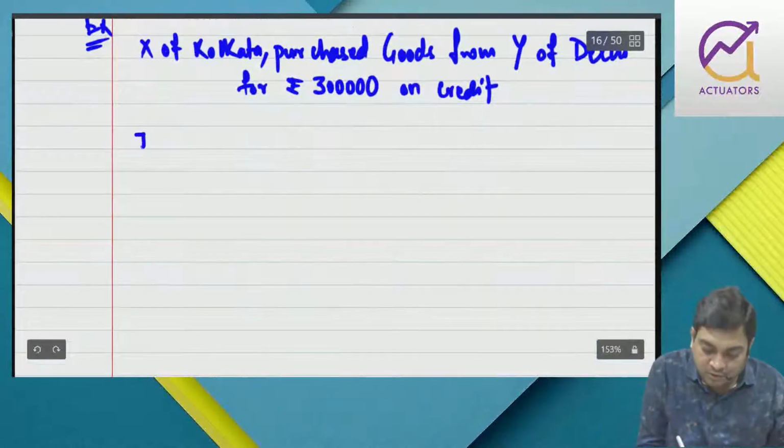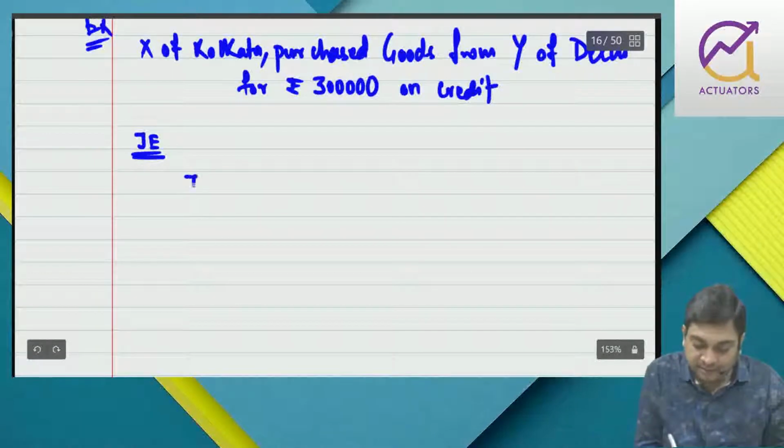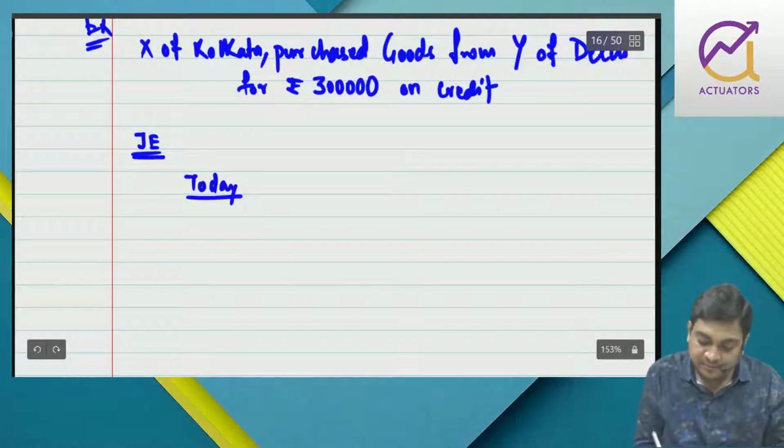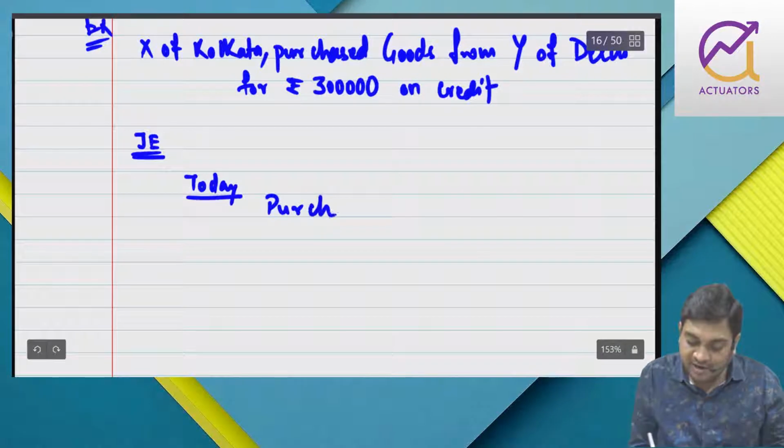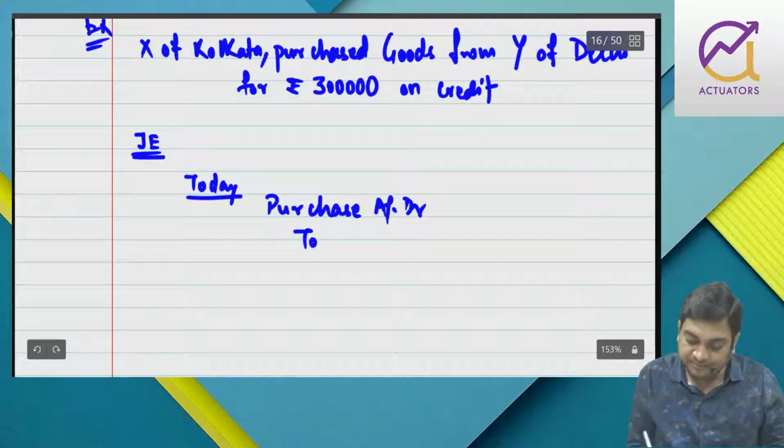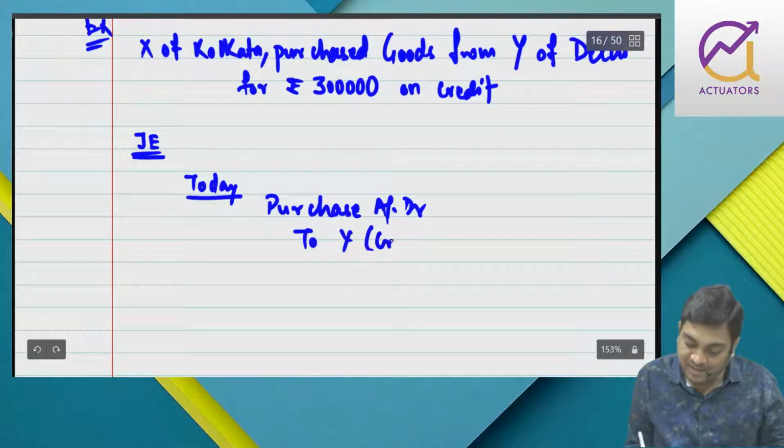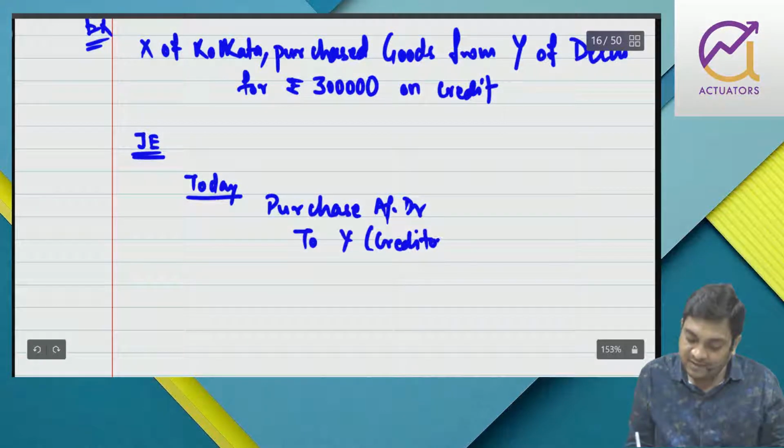So what is the journal entry I am going to record today upon purchase? I'll write purchase account debit to Y, and Y is my creditor.